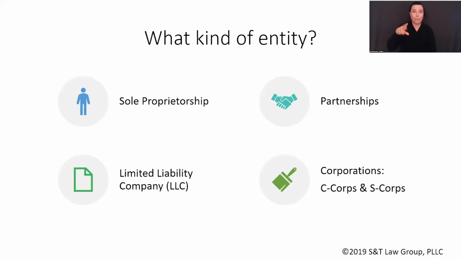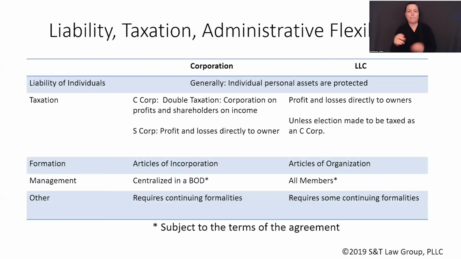So I will get into the differences between all of them, and really what the most important differences are is 1, your liability, 2, the way that you're taxed, and then 3 is the administrative flexibility that you have depending on the type of company that you're forming. So I'm going to go through corporations and LLCs because those are really the most common and the ones that people have the most questions about, and kind of talk through the differences of those.